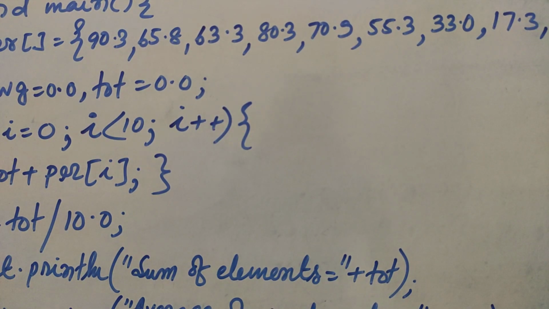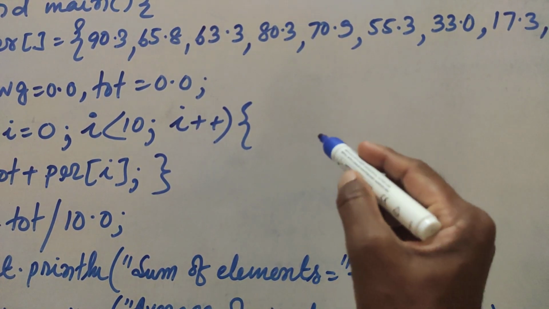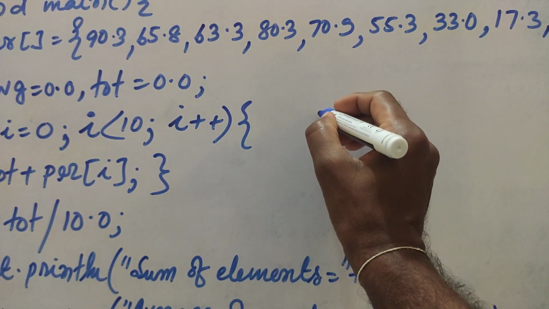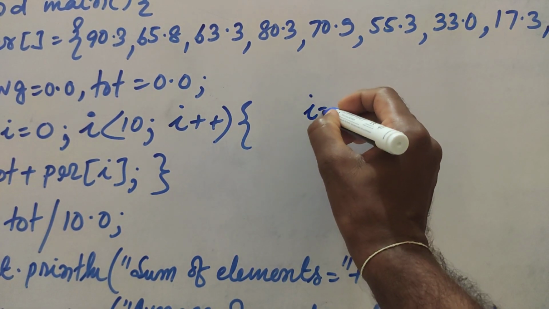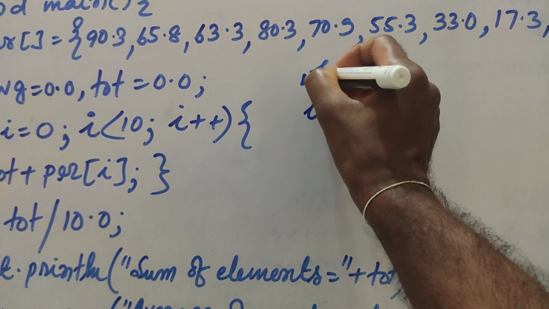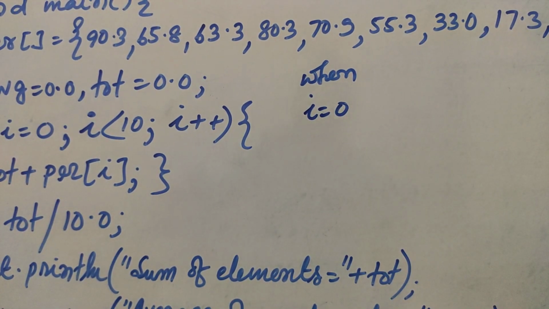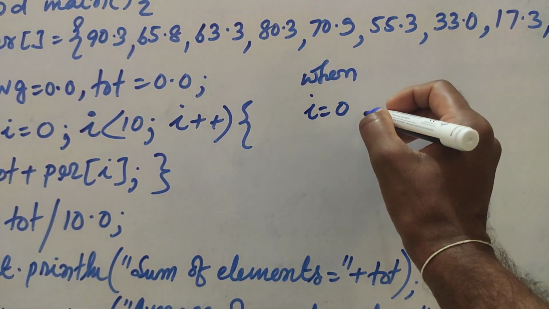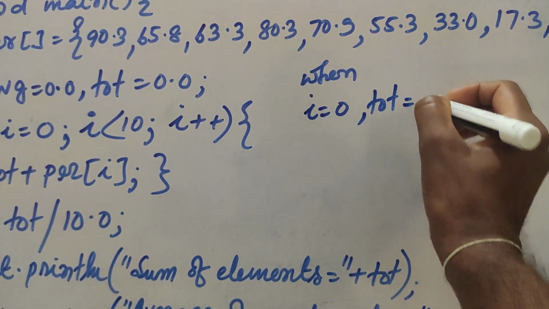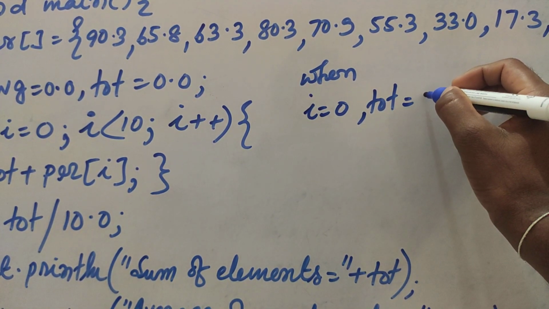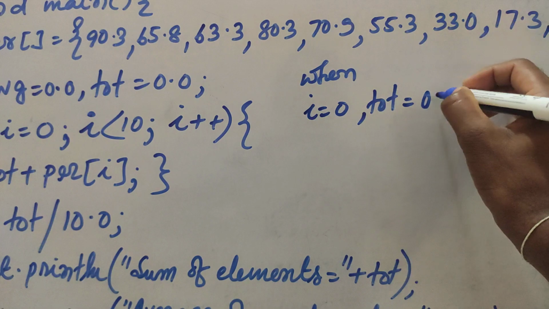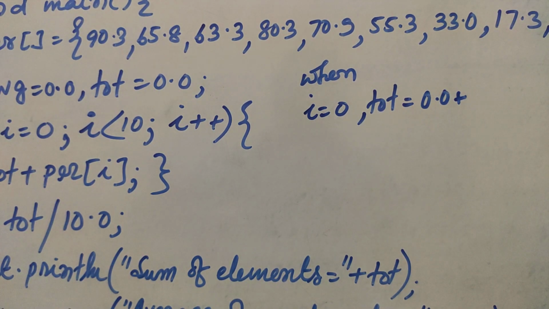See how it will work. When i equal to 0, then tot equal to tot, which means 0.0, plus par of 0.